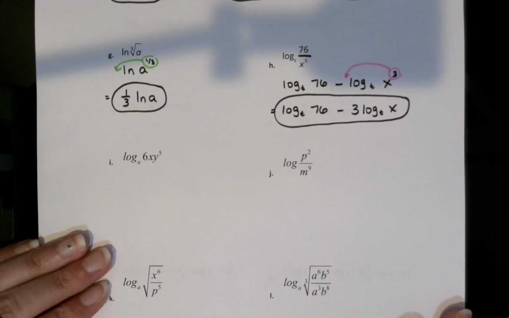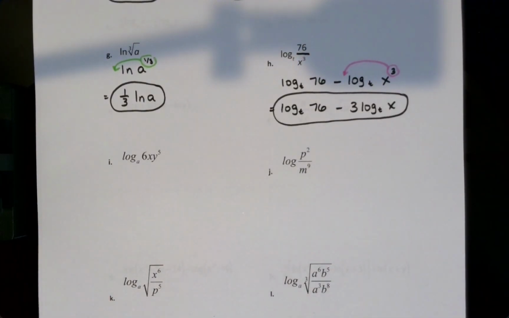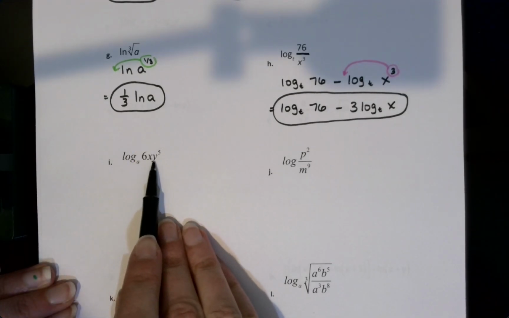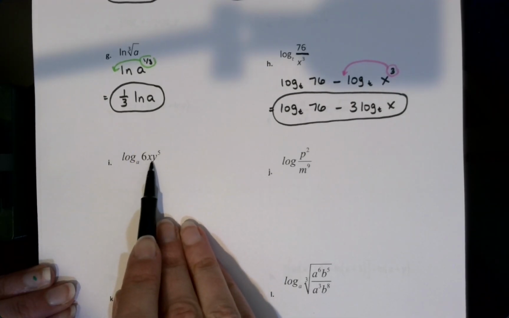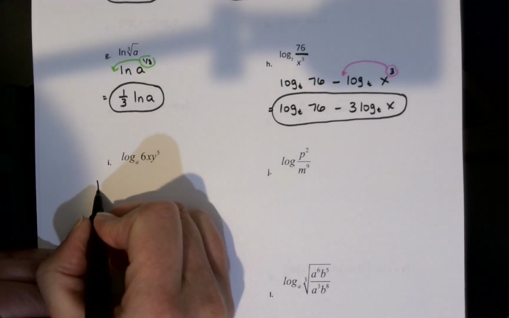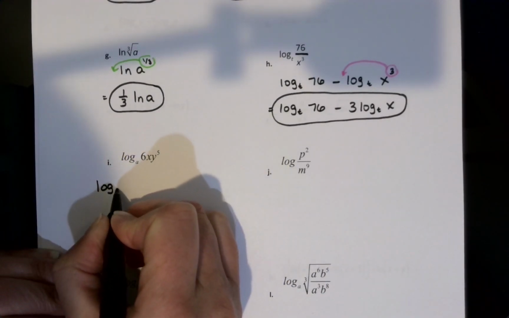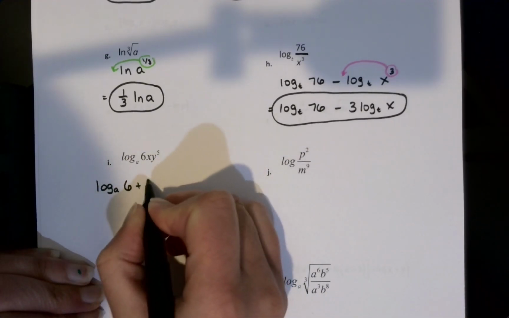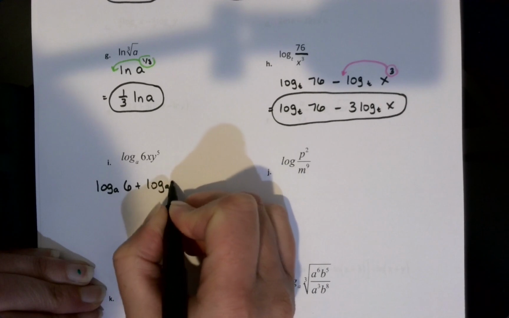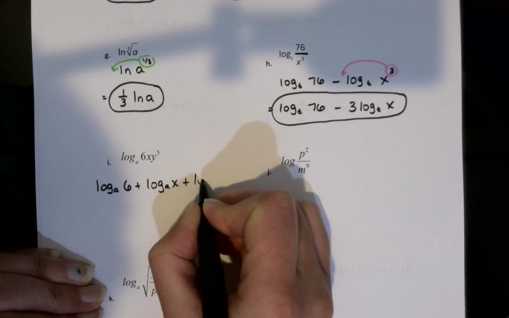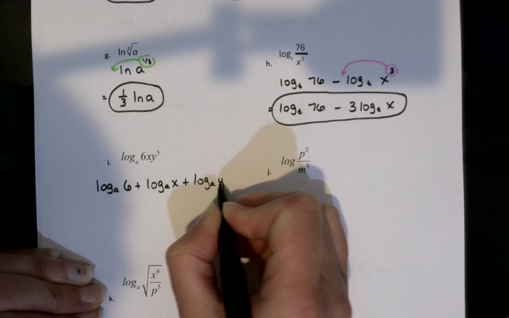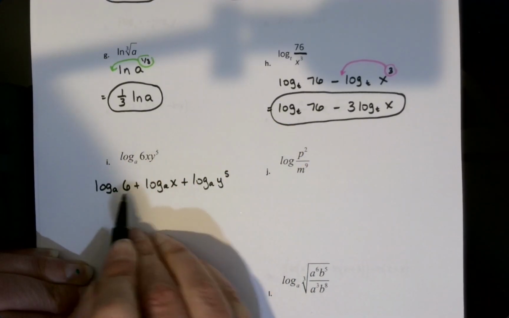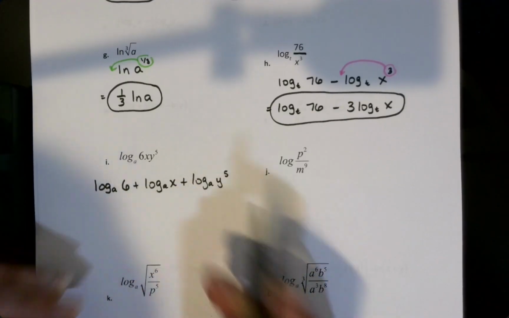All right. In part I, I definitely have a product. As a matter of fact, this product contains 3 pieces, 6 times x times y to the 5th. So when I use the product property, we're going to split into the sum of 3 pieces, the log base a of 6 plus the log base a of x plus the log base a of y to the 5th, each separated with addition for a product.